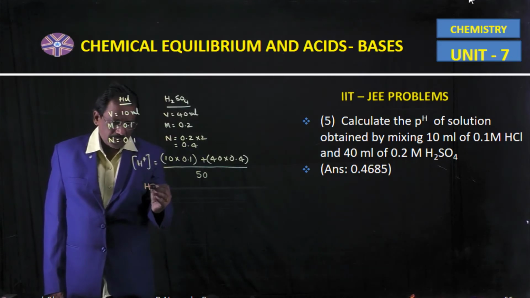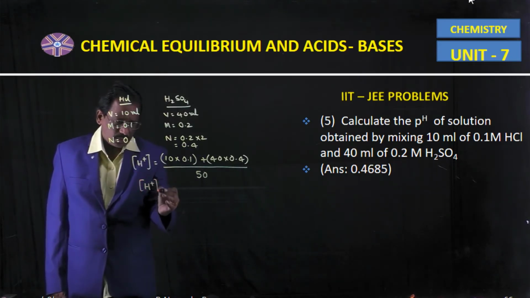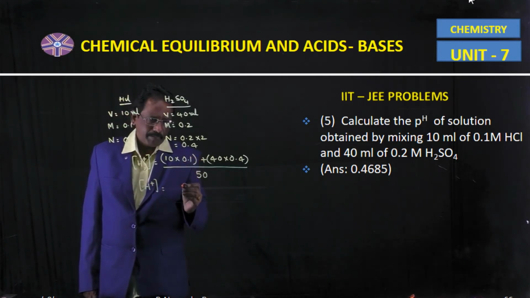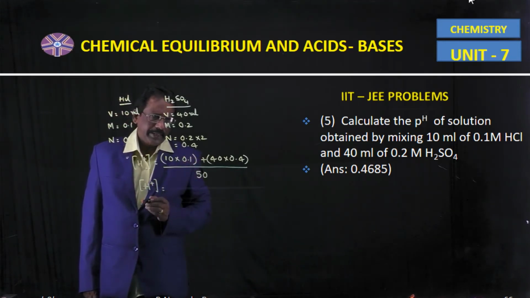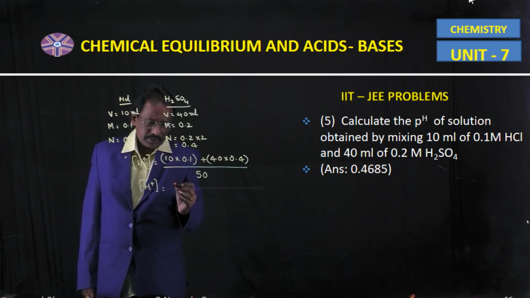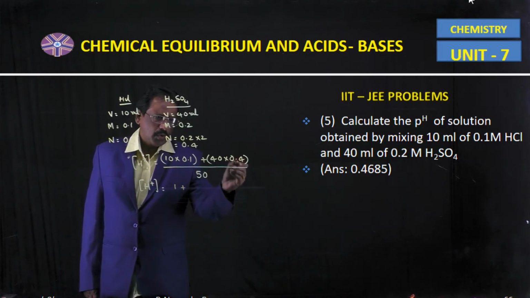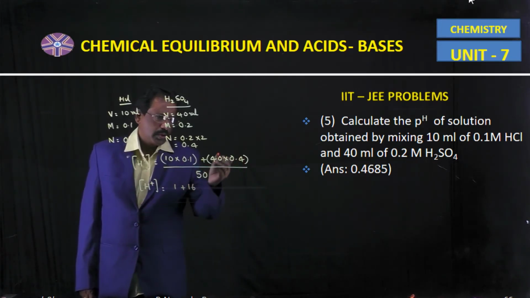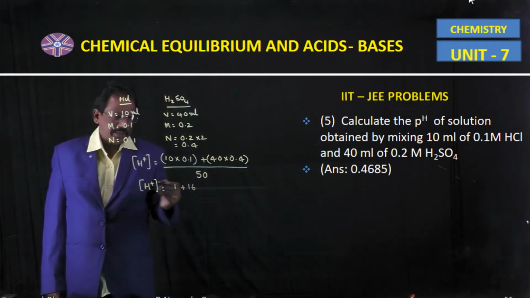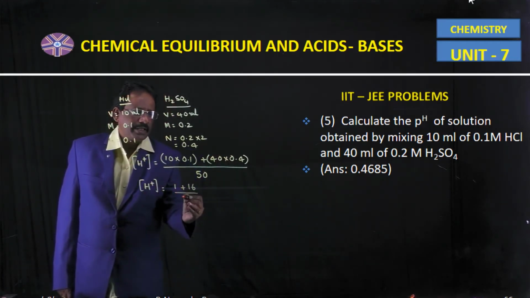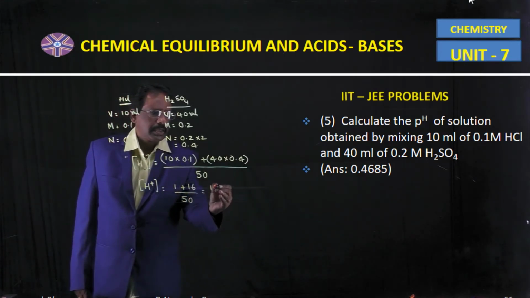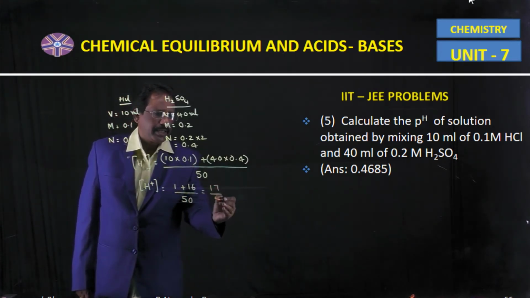Therefore, hydrogen ion active mass is equal to 1 plus 16 by 50, that is equal to 17 divided by 50.